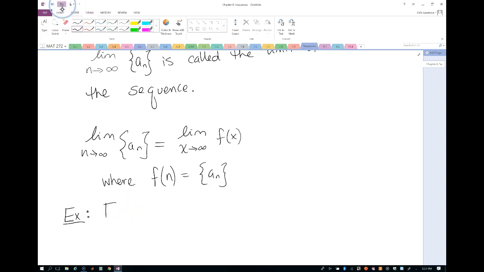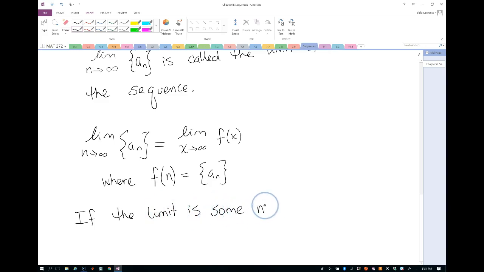Before we do this next example, let me give you a little bit of terminology. If the limit is some finite number, L, then we say that this sequence converges.